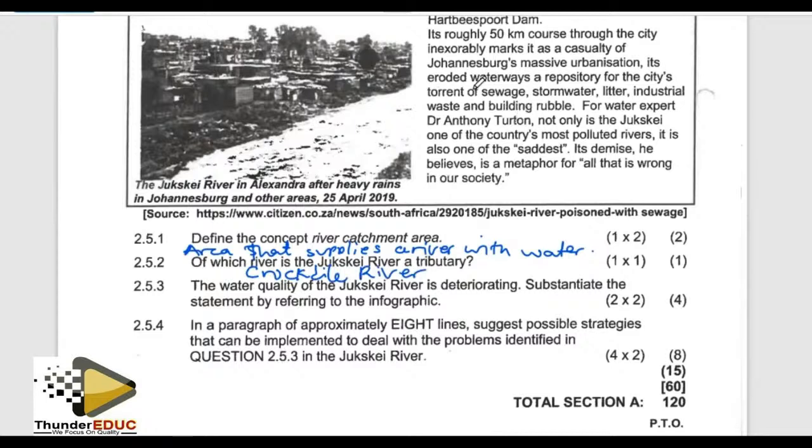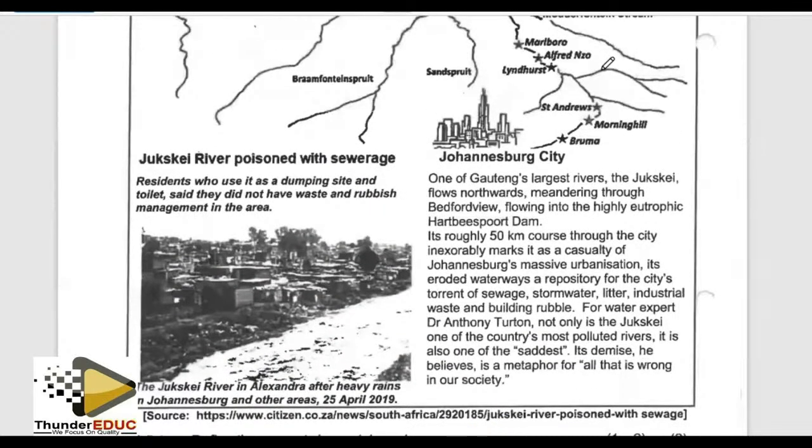2.5.3: the water quality of Cascade River is deteriorating. Substantiate the statement by referring to the infographic. Why is it deteriorating?